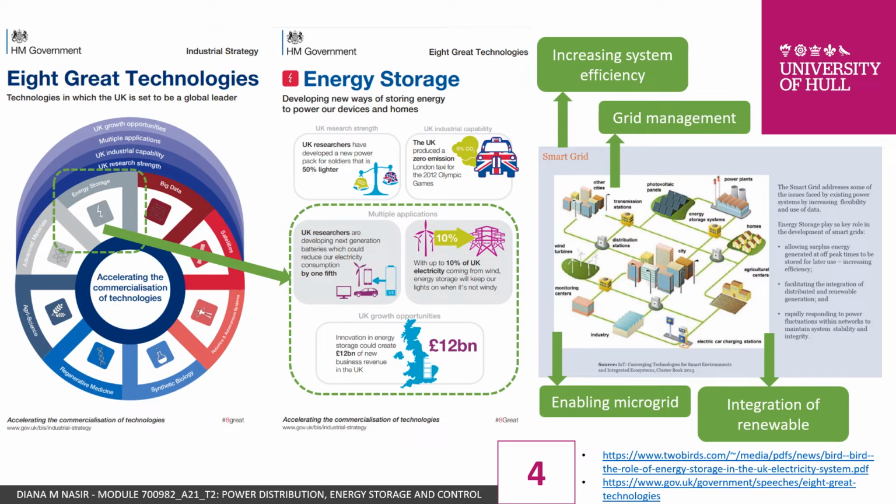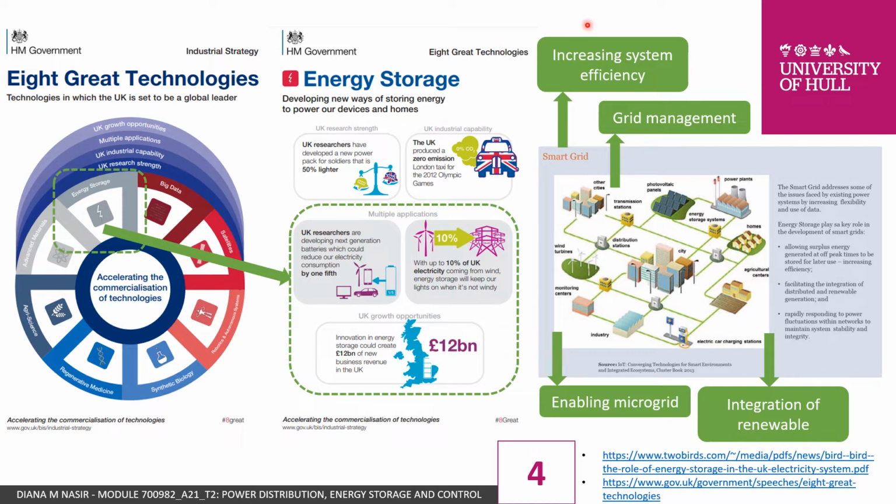A little summary on the 8 great technologies. As you can see from the screen on the left side, we have big data, the satellite, the autonomous system, synthetic biology, regenerative medicine, agriculture, advanced material, and also the energy storage. If you look at the middle of the slide, the tree at the bottom, I just want to discuss a bit on it.